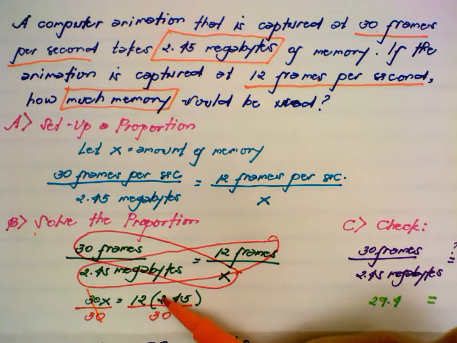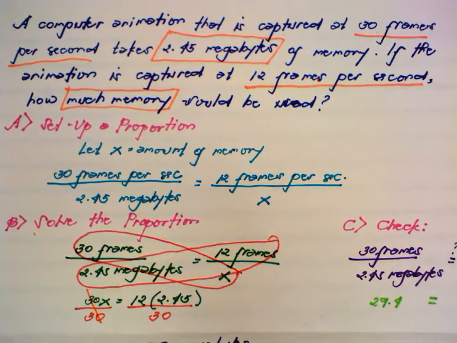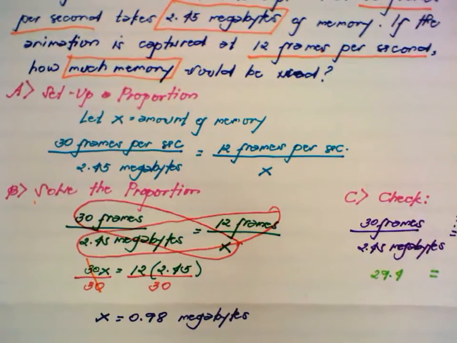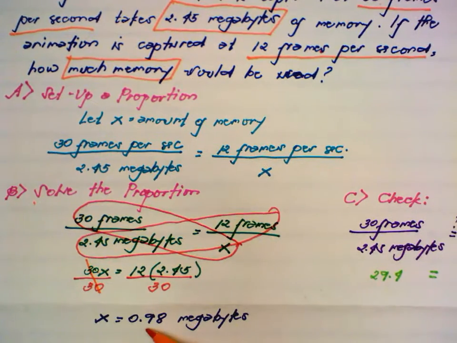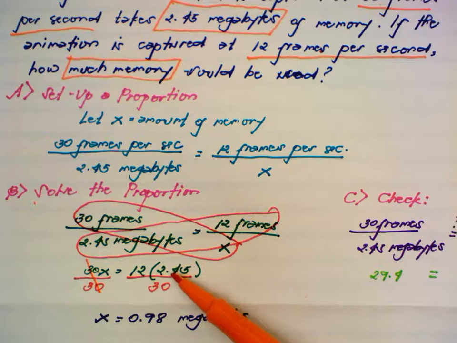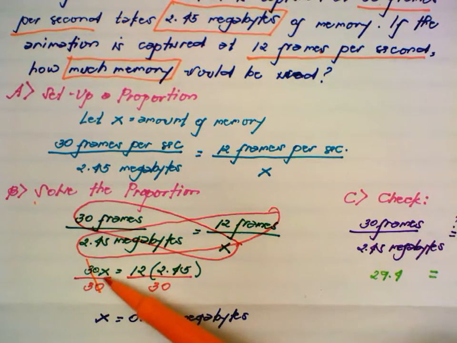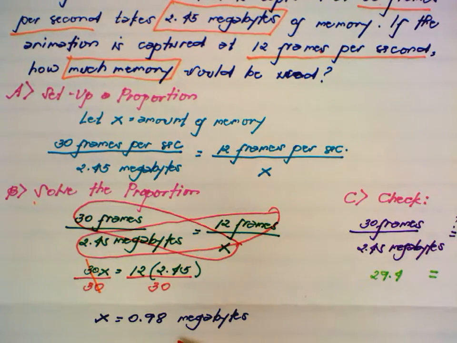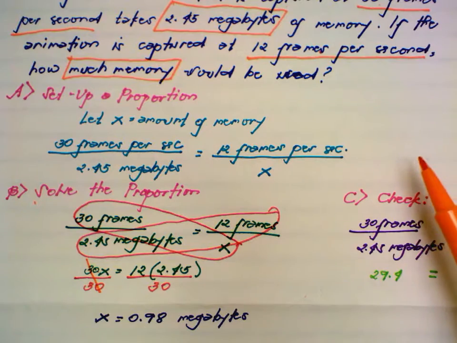Remember your order of operations: you multiply 12 times 2.45, then divide by 30, and our answer is 0.98. So X is equal to 0.98 megabytes for 12 frames per second.